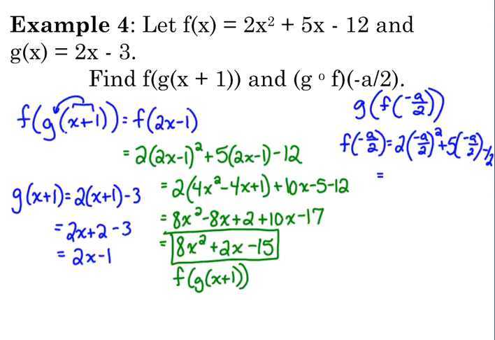Okay? So when you square a fraction, you've got to square the numerator and square the denominator. So negative a squared is equivalent to positive a squared because negative 1 squared is positive 1. 2 squared is 4. With this other one, we're just going to multiply straight across, so negative 5a over 2.